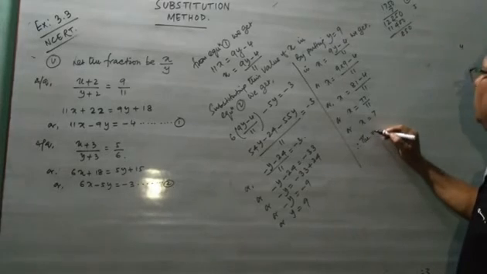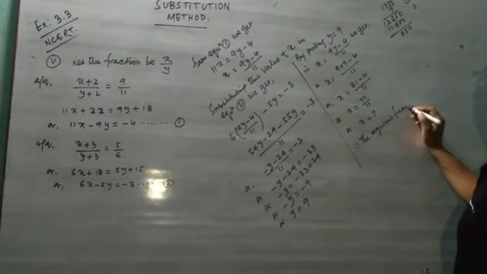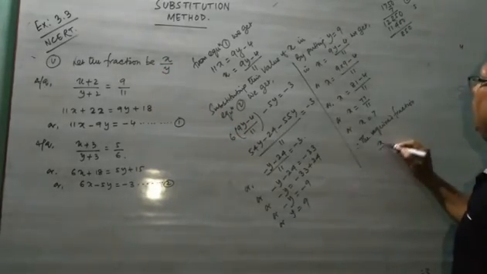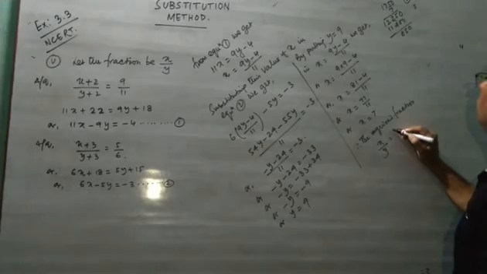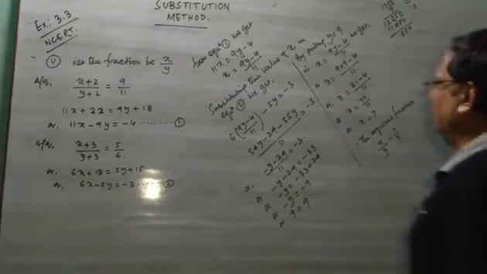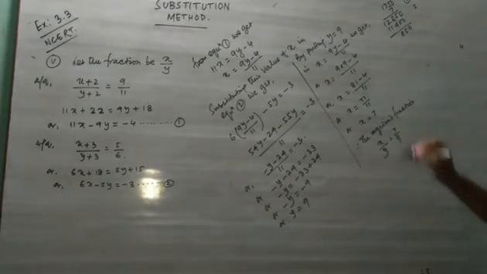Therefore, the required fraction, our fraction as we have supposed is x by y. X by y is equal to 7 by 9. So we are required to find out this fraction.